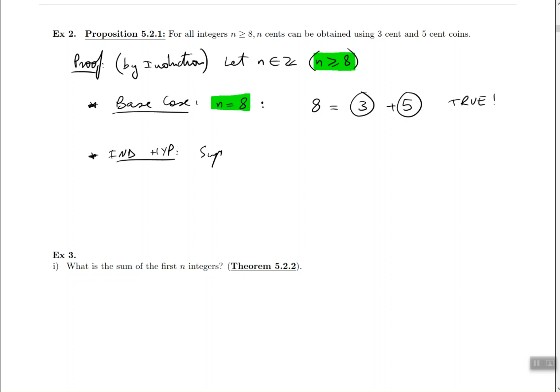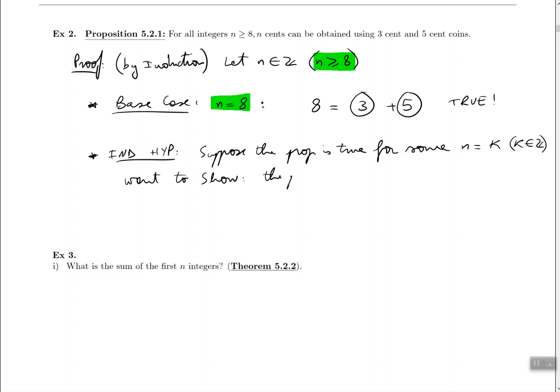So suppose that the proposition is true for some n equal to some random number k, where k is an integer. And what we want to do is show that the theorem holds for the next case, k plus 1. And pause the video again and see if you can try to prove that.